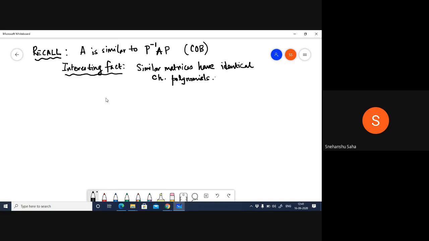In other words, the determinant of P inverse AP minus lambda I is actually the determinant of A minus lambda I. Let's see how this makes sense.